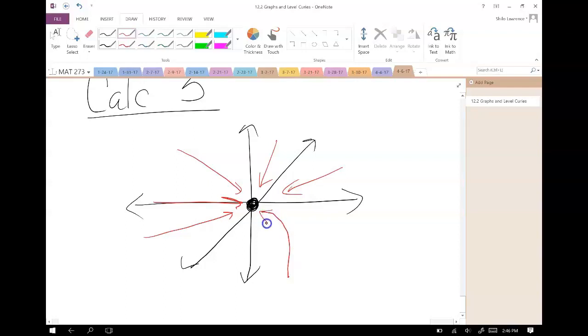I can come in on a parabola. These are all flat on the XY plane. All of those red arrows are flat on the XY plane, trying to approach 0, 0. We have to show that if our limit exists, that along all of those directions, the limit is approaching the same value. That would be impossible because there are an infinite number of paths that approach 0, 0.